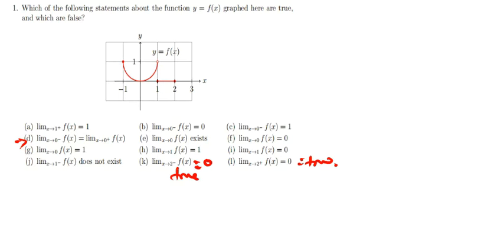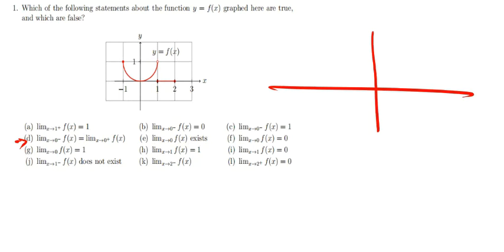Now let me explain something. When it comes to limits, for us to conclude that a limit exists, think of this as our destination. Someone is coming from the left going there, and someone is coming from the right going there.